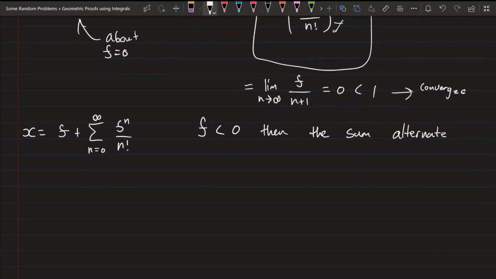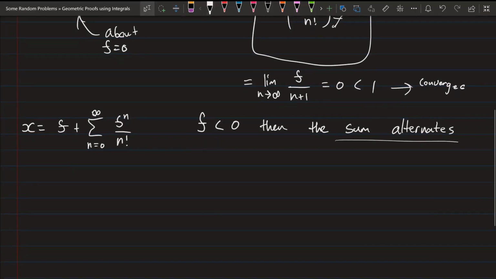So the sum alternates when f is less than 0. Let's take, for example, minus 2. Let's say we have minus 2 to the n over n factorial from the sum as n is equal to 0 to infinity. Then we're going to get something like 1, and then a negative, minus 2, and then a plus.